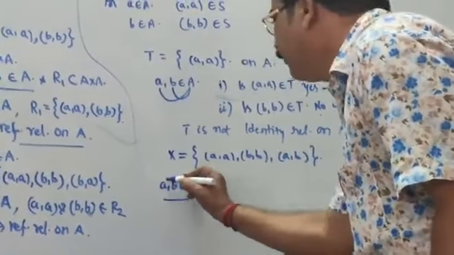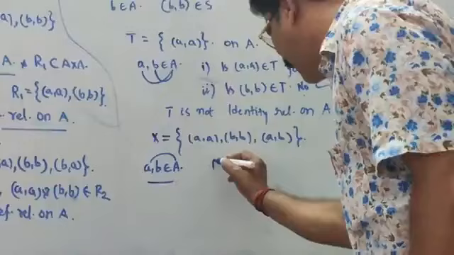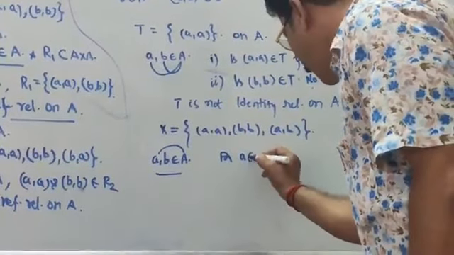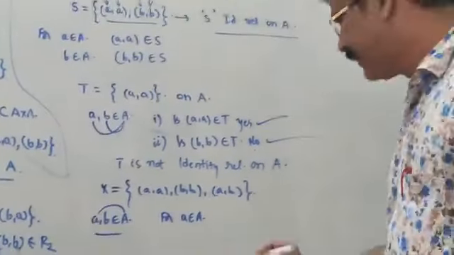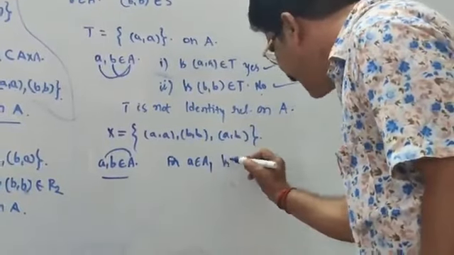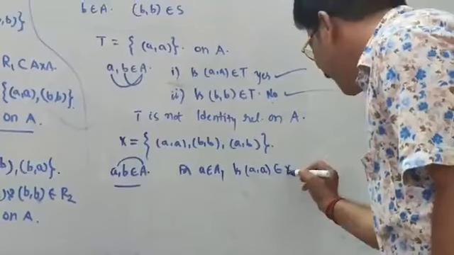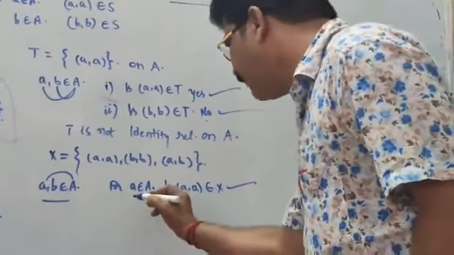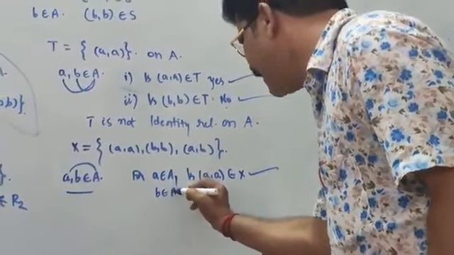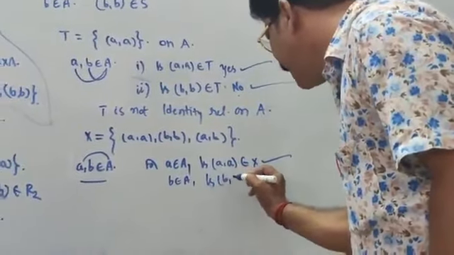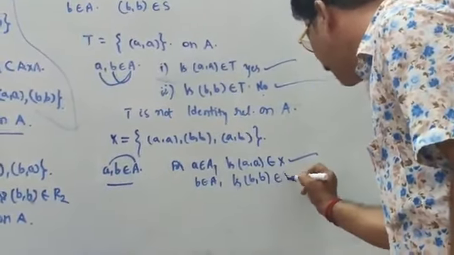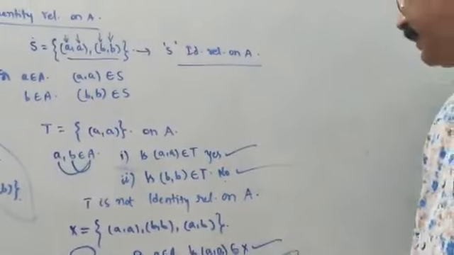For small a belongs to capital A, A comma A belongs to S. Yes. Next, for B belongs to capital A, B comma B belongs to capital S. Yes.